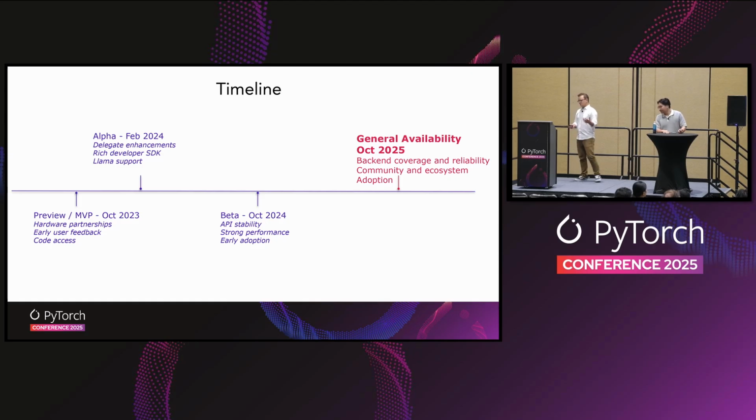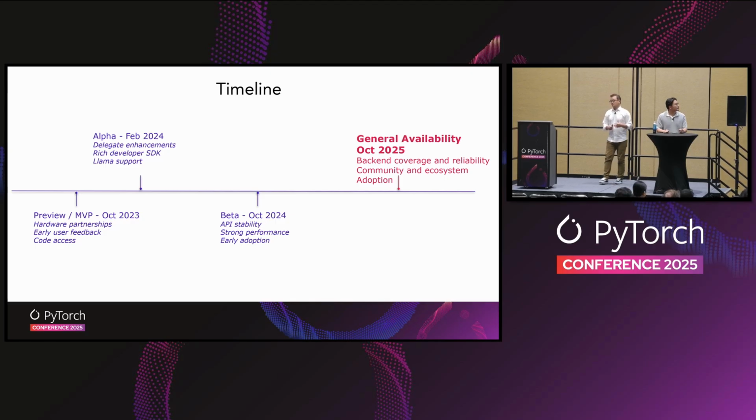In terms of the timeline, just giving a little bit more history, we started with the MVP. This was mostly to gather feedback and, again, build the ExecuTorch stack together with all of you. Shortly after that, we added Llama support in our alpha release. This is when LLM support in ExecuTorch started picking up.